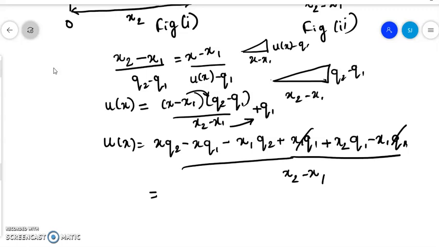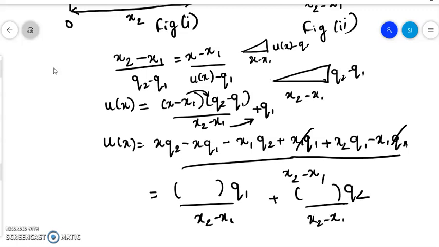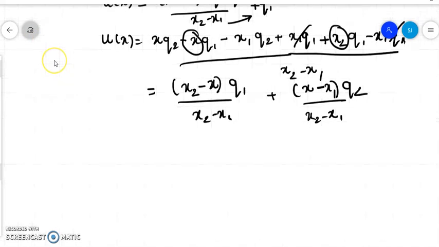Let us separate the q1 and the q2 terms. For q1 terms we have x2 minus x upon x2 minus x1, and for q2 we have x minus x1 upon x2 minus x1. So we arrive at this equation for u of x.